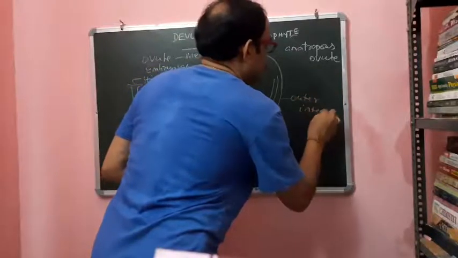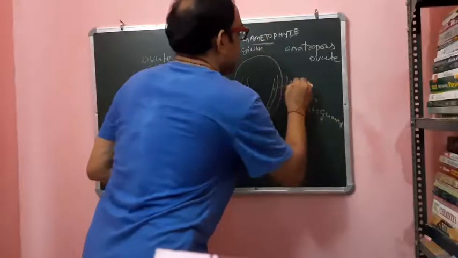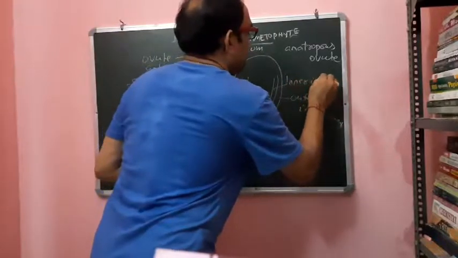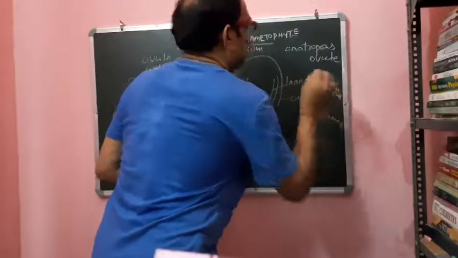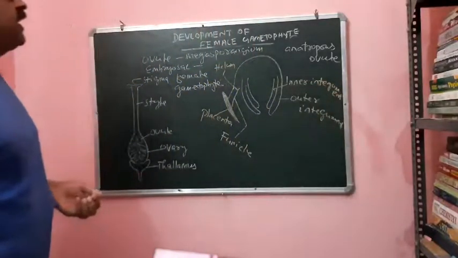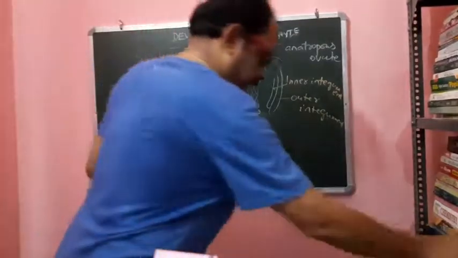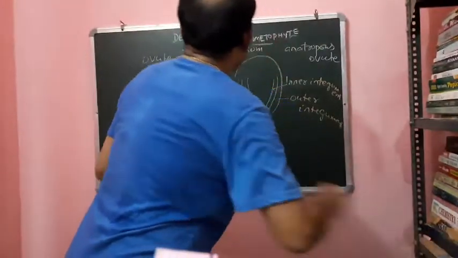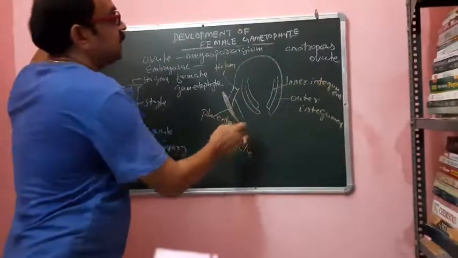These are the integuments: this is the outer integument, and this is the inner integument. You have seen that some gap is present.